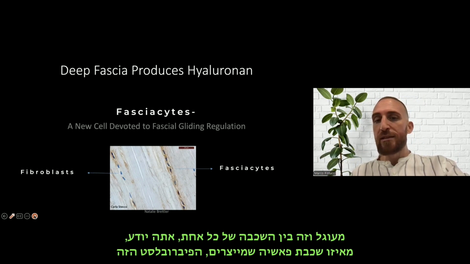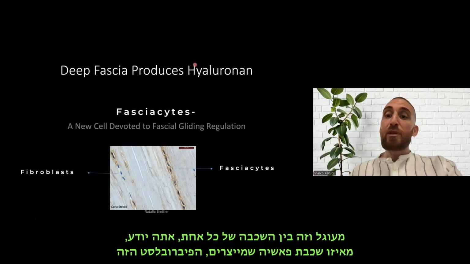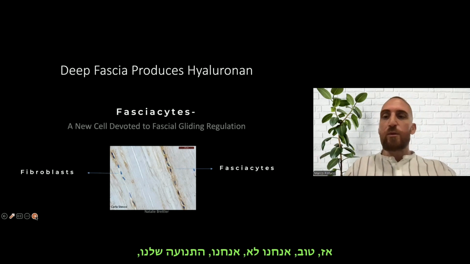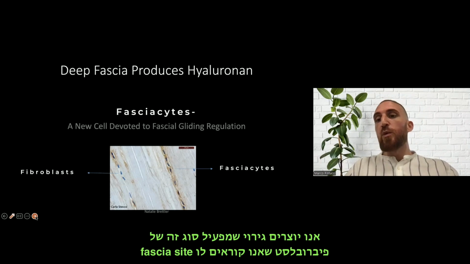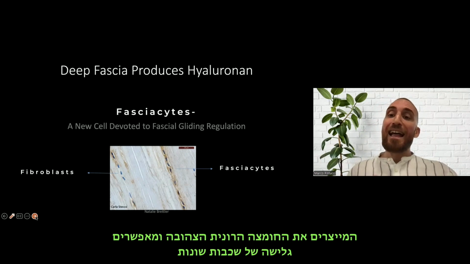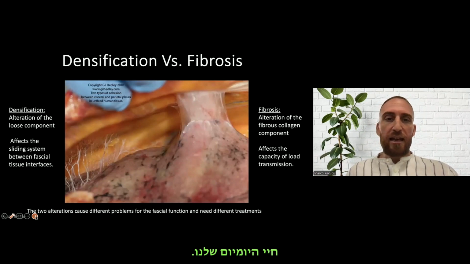For example, it is more rounded, and it sits between each fascial layer, where these fibroblasts produce hyaluronic acid through shear force. So what does it mean? With our movement, we create a stimulus that activates this type of fibroblast, which we call fasciocyte, that produces the hyaluronic acid and allows the gliding of the different layers and the smooth movement during our daily life.